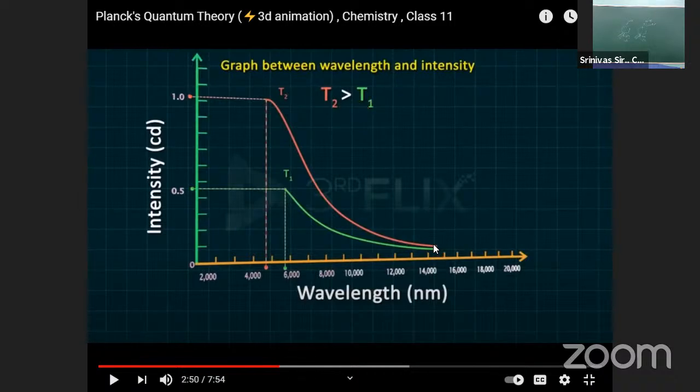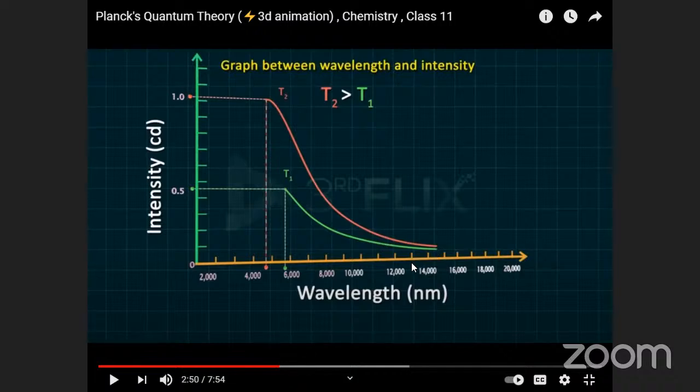So at some other higher temperature, if you compare the point on the green curve as well as the red curve, at the same wavelength the intensity is a bit more on the red curve, yes or no? Yes, sir.